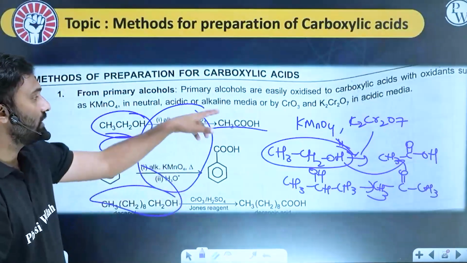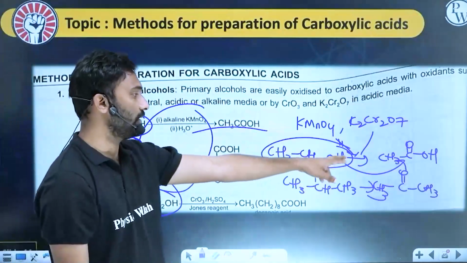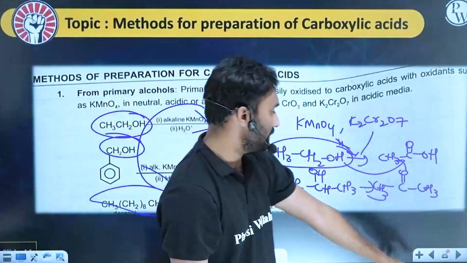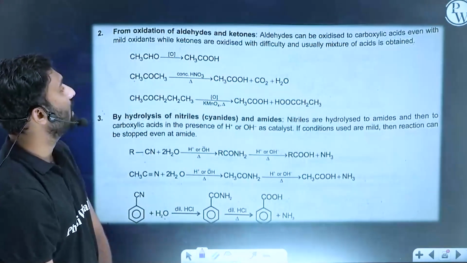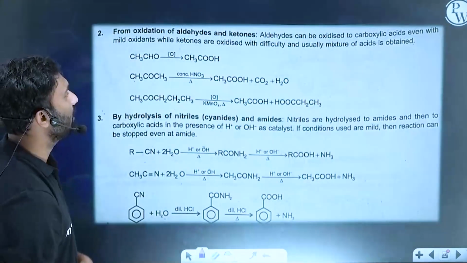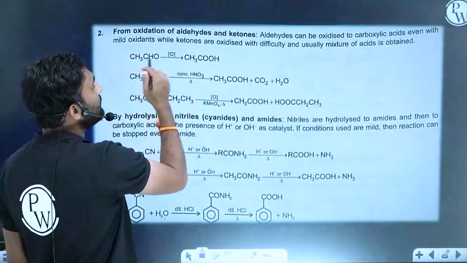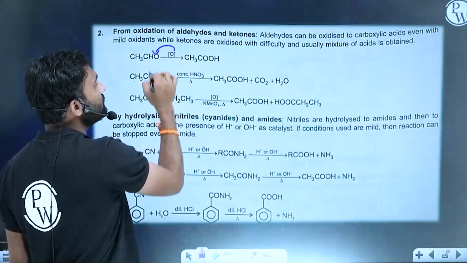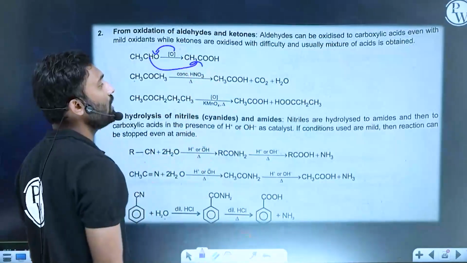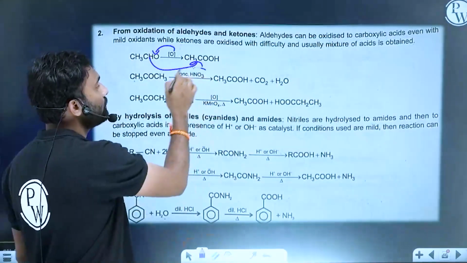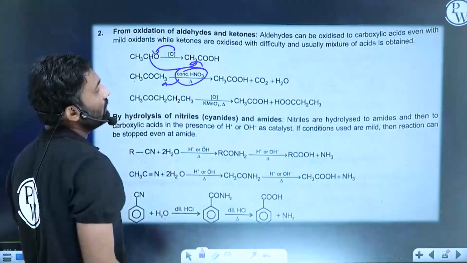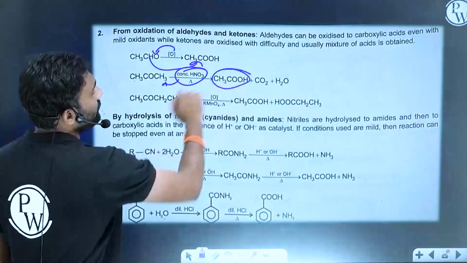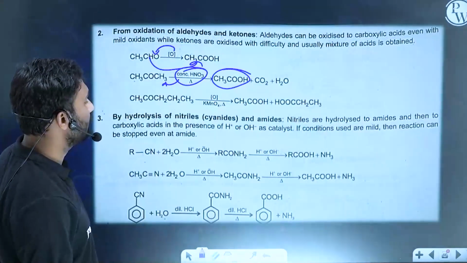By the strong oxidizing agent we can prepare the carboxylic acid. Next, from the oxidation of aldehydes and ketones. Aldehydes, due to the strong oxidizing agent, will be oxidized to carboxylic acid. With nitric acid also, it will be converted into acetic acid.